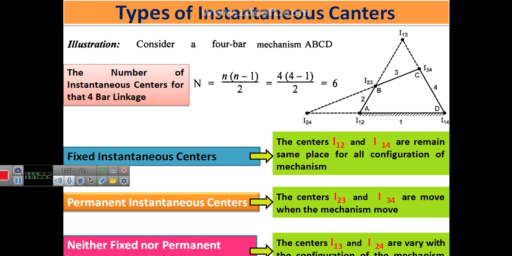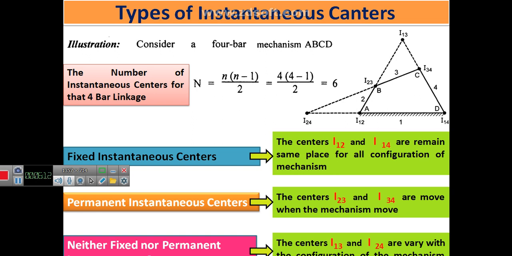That is, the link joints A, B, C, D are marked by the instantaneous centers I12, I23, I34, I14. With that, we also mark the imaginary points, the extension of the two links as shown in the figure, I13 and I24.